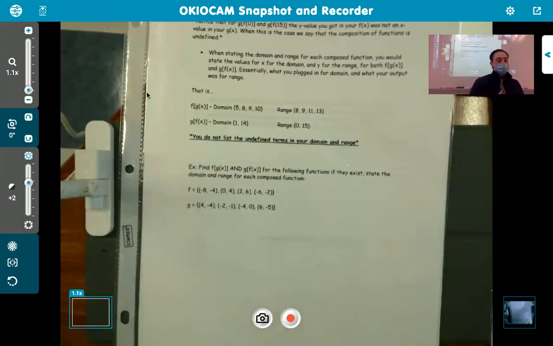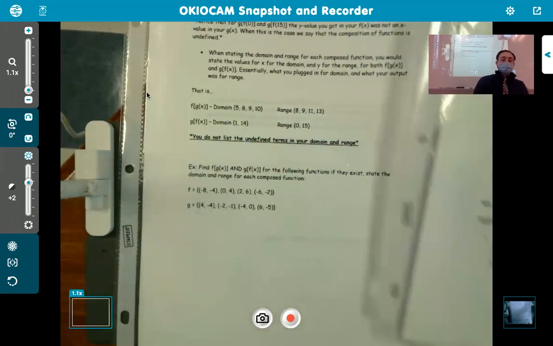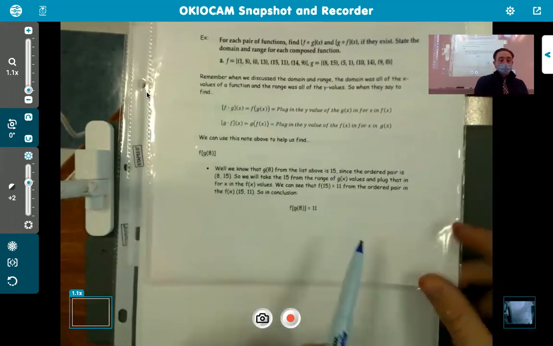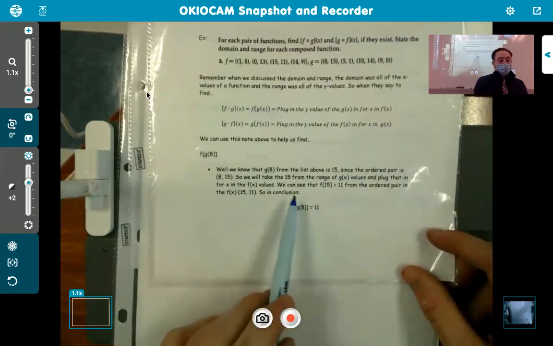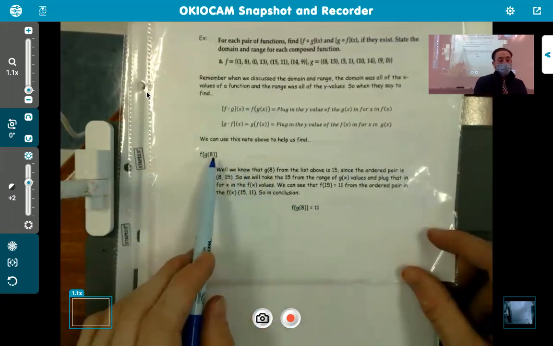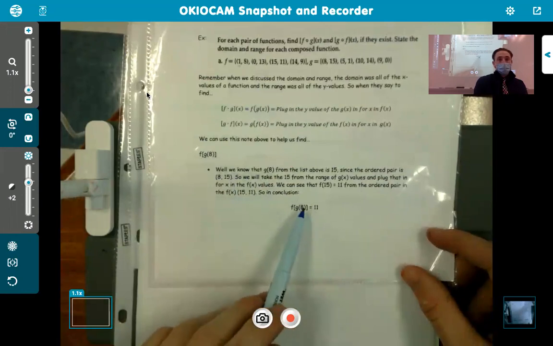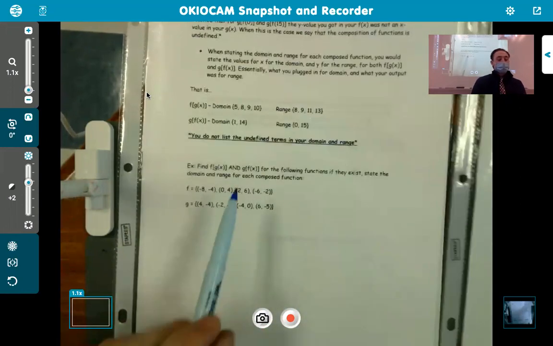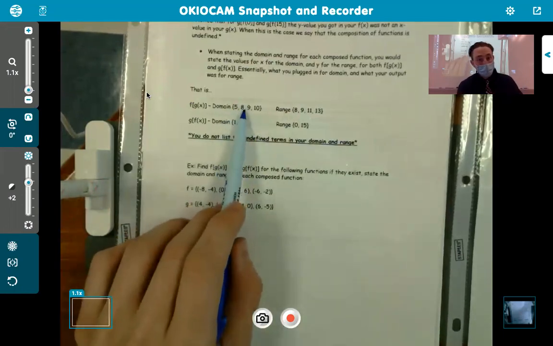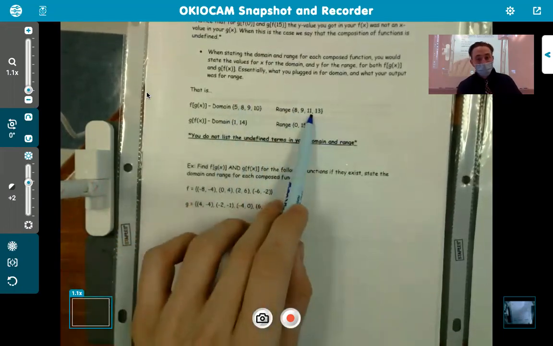Your x is your domain, your y values or your output is the range. When I plugged in 8 for f of g of 8, I got 11. So 8 would be in my domain, 11 would be in my range. And that's what we see here.